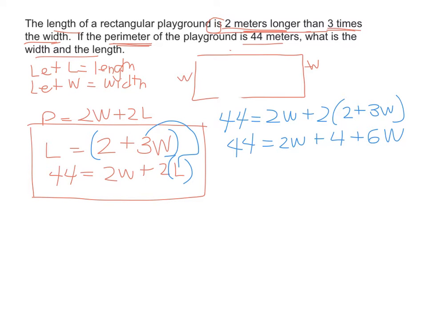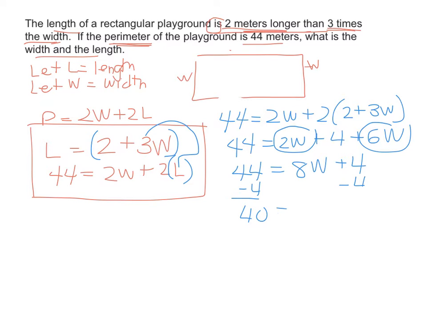Now I'm going to combine these like terms. 2W plus 6W is 8W. And then I'm going to subtract 4, and 40 equals 8W. Dividing by 8, I find out that W equals 5.